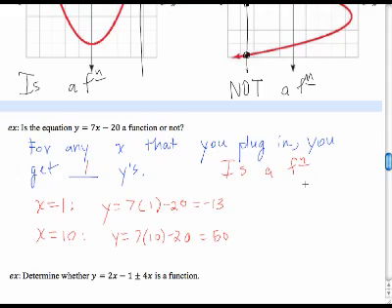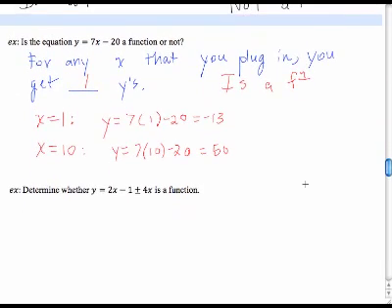Okay, now this is kind of weird looking down here, but this would be one that's not a function because if I plug in some x's, let's just plug in x equals 1. We have y equals 2 times 1 minus 1 plus or minus 4 times 1.